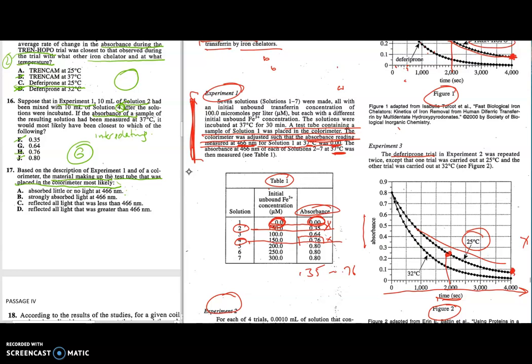So they want it to have no absorption, so it would be A. I'll look at the other ones, but it's A, I think. Strongly absorbed light, no. Reflected all light, they don't want to reflect anything. It's a test of absorbance. So it would be A. They want one that absorbed no light, and then they can be safe that if anything does absorb light after that, it's coming from a point where it starts at 0. All right, so that is A for 17, and that's the end of that passage.